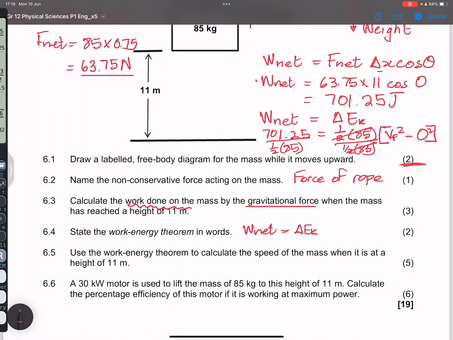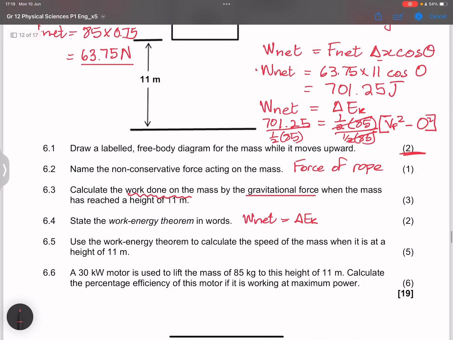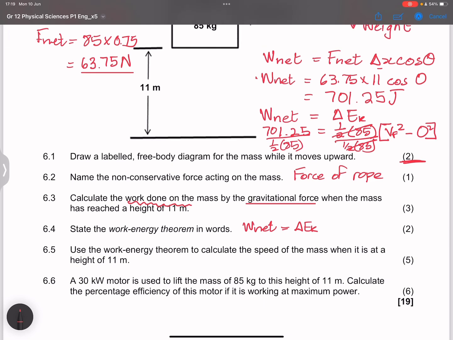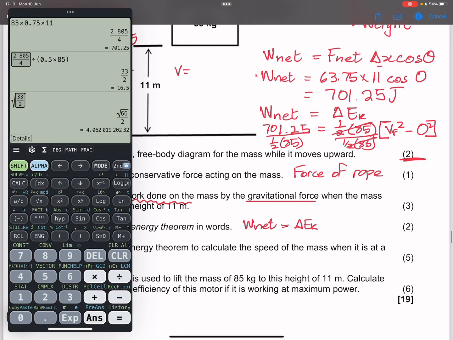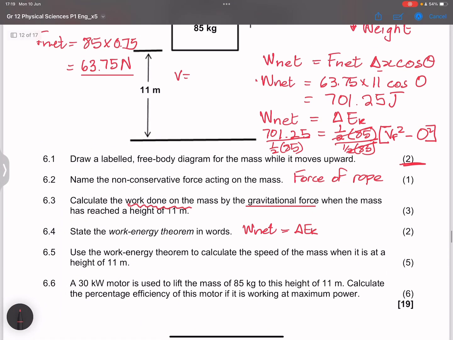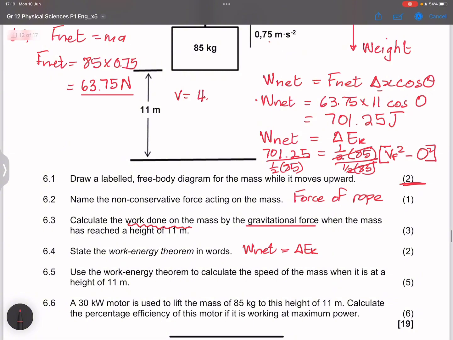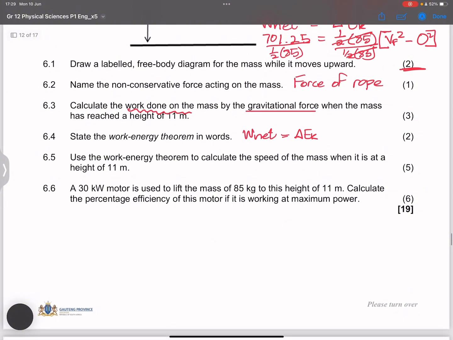Apologies that I'm just scrambling for space. So my velocity would be 4.06 meters per second. Please keep in mind that's how we are going to get that velocity.